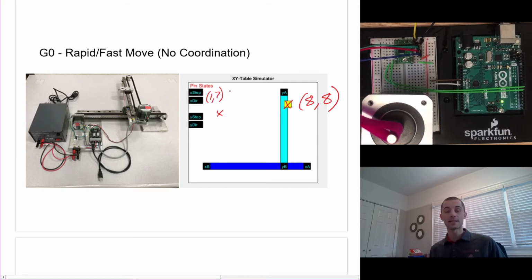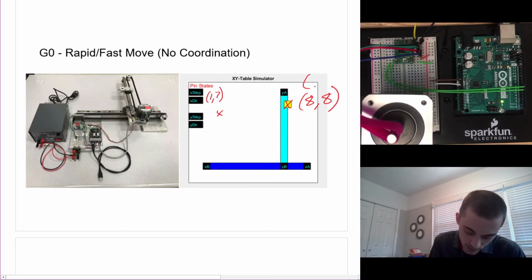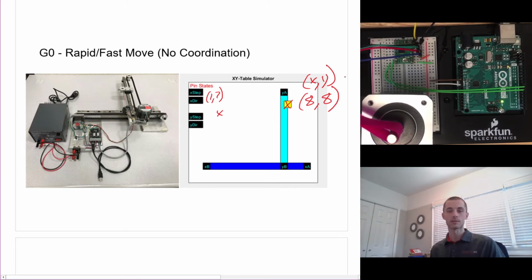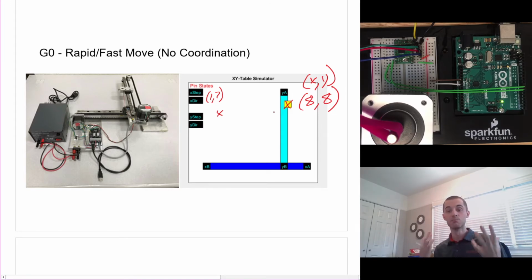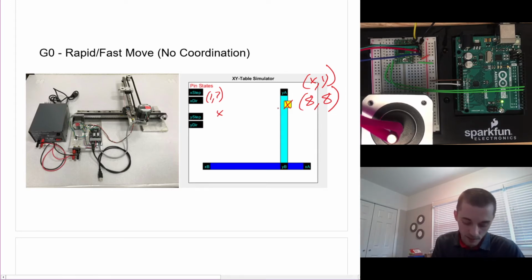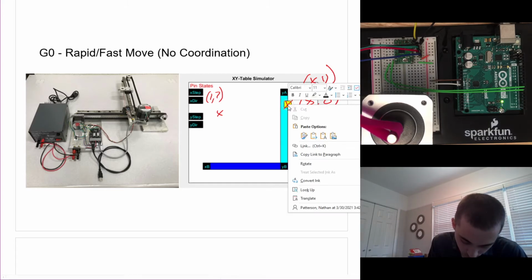So X equals 1 inch, Y equals 7 inches, where this is X and Y coordinates. So if we want to move there, what we would see if we said, okay, just move these motors as fast as you can, it would move from this location down.